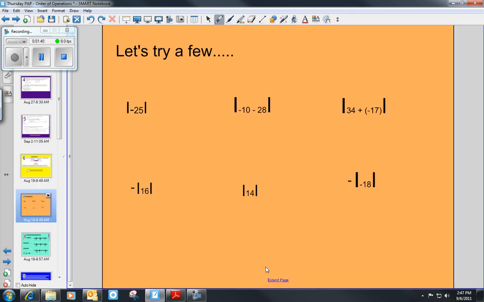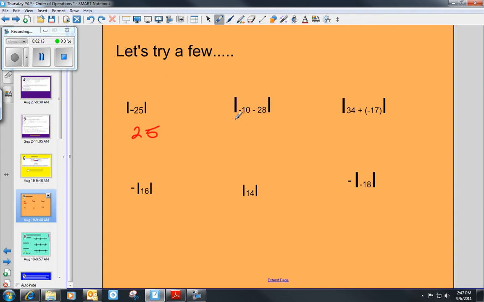Looking at some of these practice absolute value problems. The absolute value of negative 25 is 25 because negative 25 is 25 units away from 0 on the number line. Looking at the next problem, however, we don't just have a single number inside the absolute value brackets. We have negative 10 minus 28. While we're solving this problem, we're going to continue to bring down the brackets just as if we had these in parentheses.